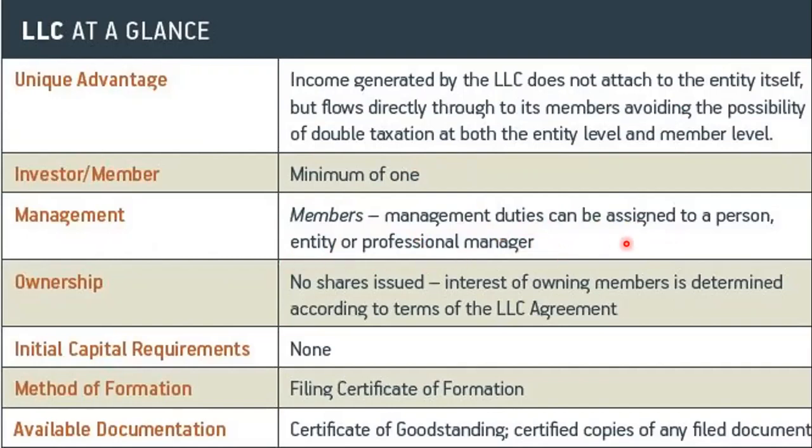So you can choose who the manager is, or it can be yourself, of course. Ownership. So who's the owner of this LLC? No shares issued, very important. Interest of owning members is determined according to terms of the LLC agreement. So you have to agree about this. You sign a paper, you agree with the other shareholders, and then you decide.